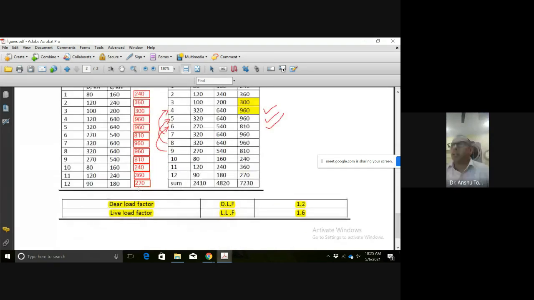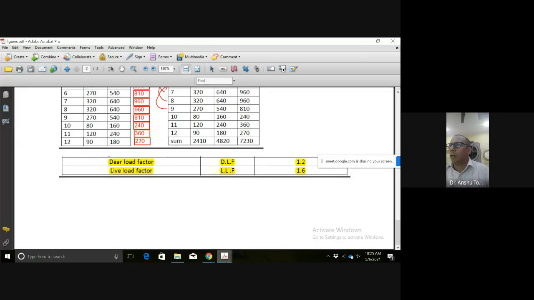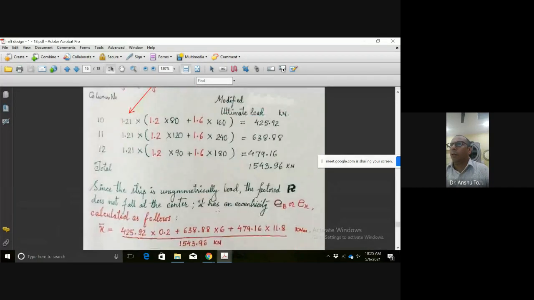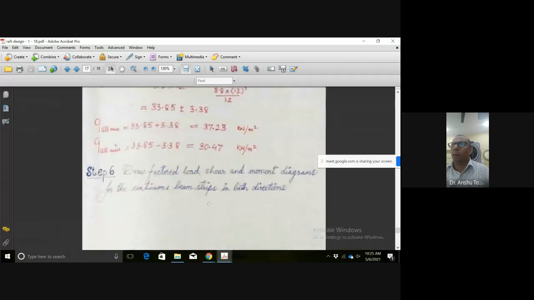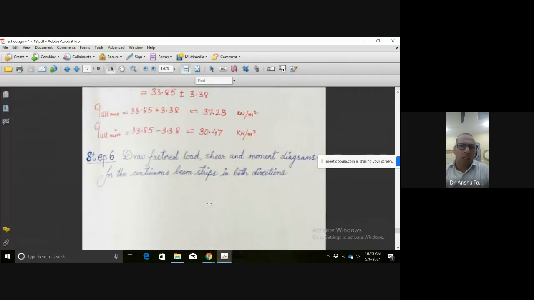Now with this, we finish this and we will move on to finding out the bending moment diagram and shear force diagram for this particular type of.